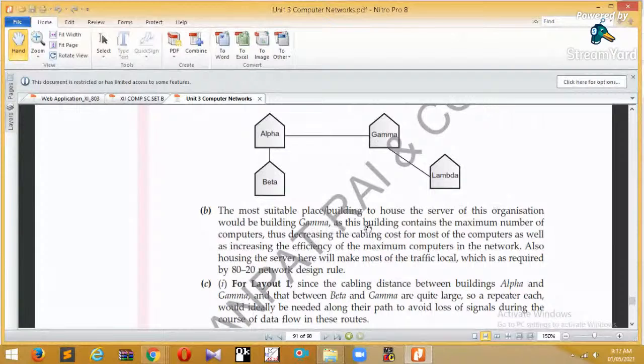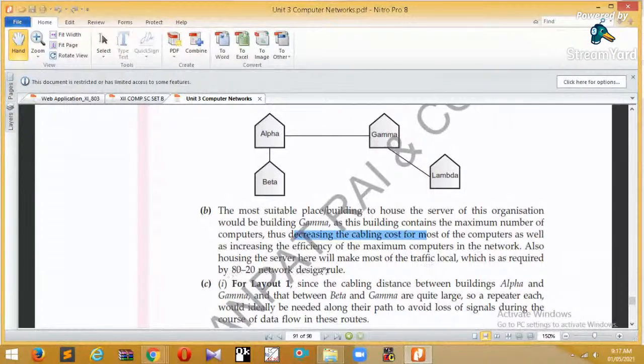Why? The gamma building contains the maximum number of computers, thus decreasing the cabling cost. Because where the server is placed, more computers are connected there, which reduces cost and increases the efficiency of the maximum computers in the network.